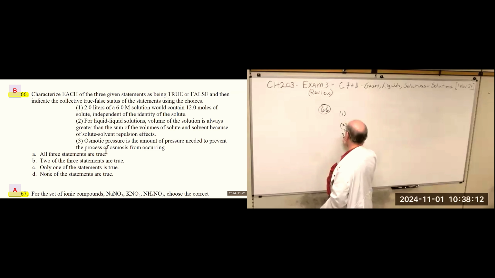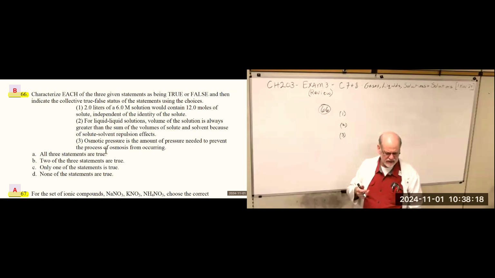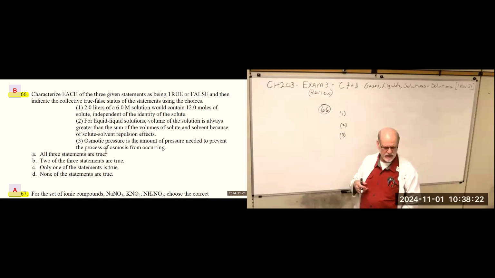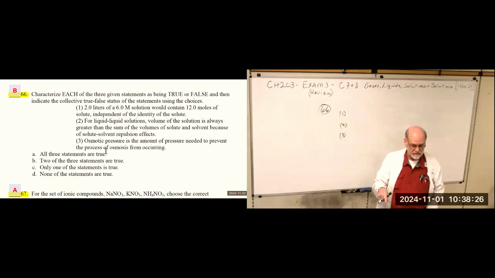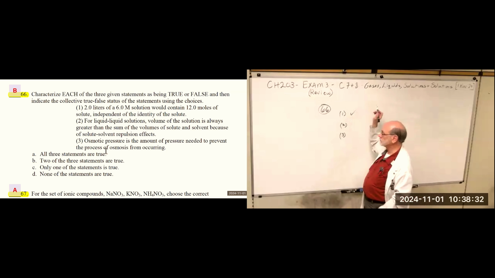Number 1, 2 liters of 6 molar solution would contain 12 moles of solute independently of the density of the solute. Volume times molarity is moles. So 2 times 6 is 12, 12 moles. That's true.